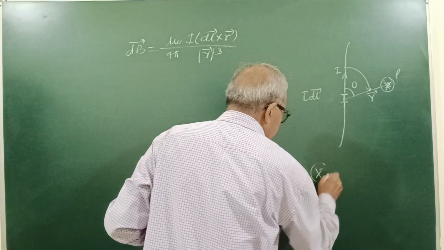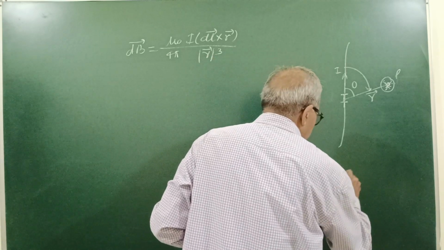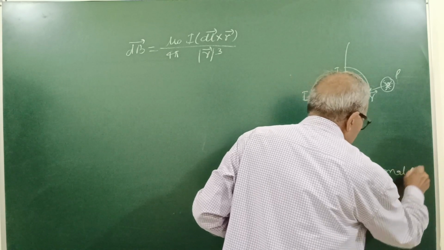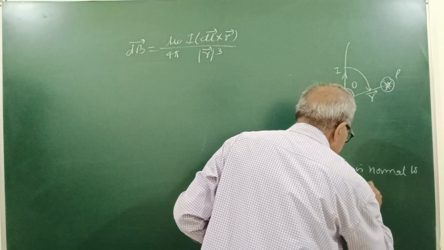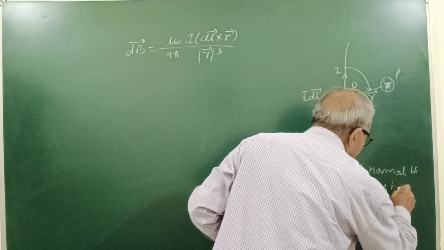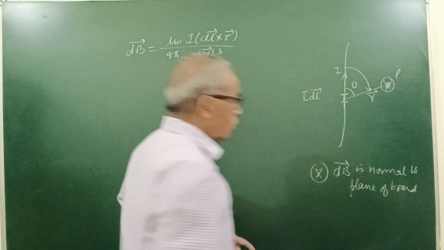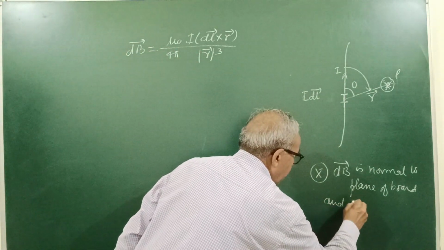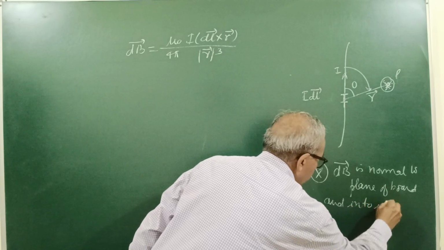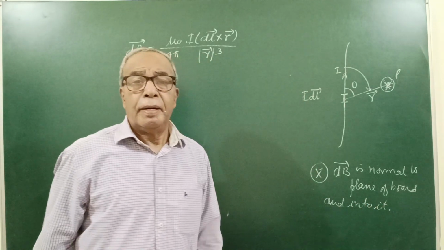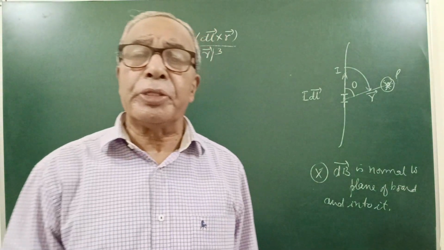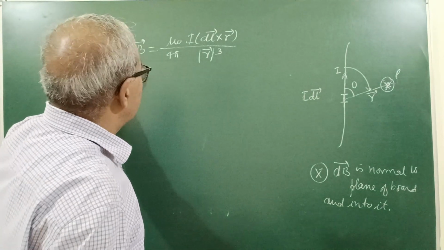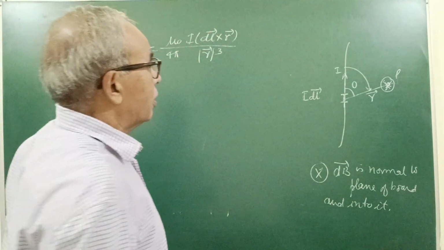Here this cross means vector dB is normal to the plane of board and into it. You have to understand this topic, otherwise you will be in trouble in this chapter. The direction of vector dB is along vector dl cross r.